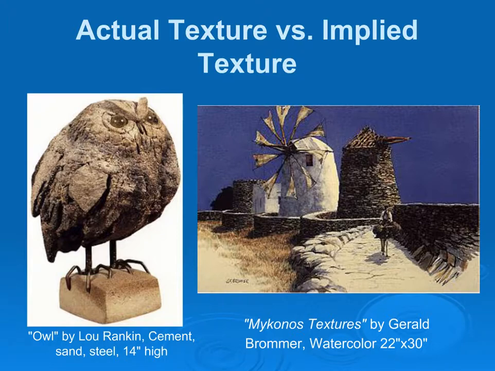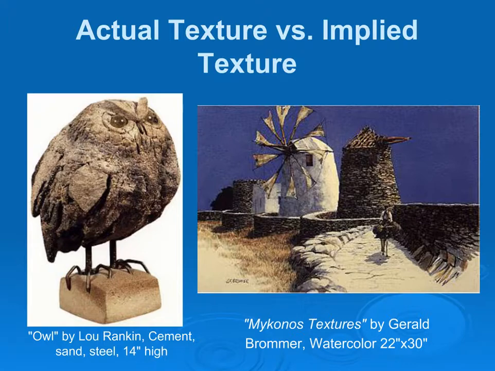So when we see a painting, usually that's implied texture. And I thought that Mykonos by Gerald Brommer was a very good way to look at painting as implied texture. This painting has a lot of different implied textures.